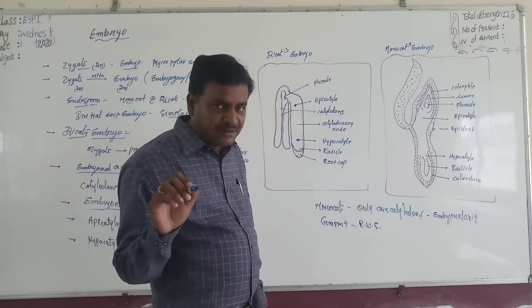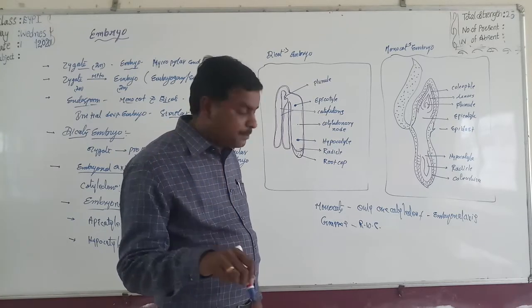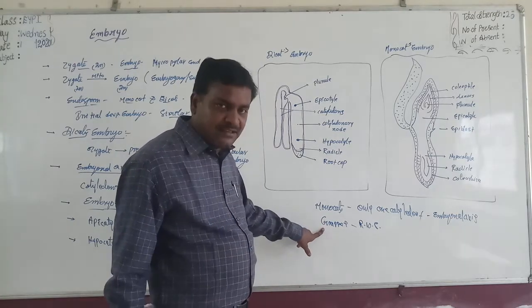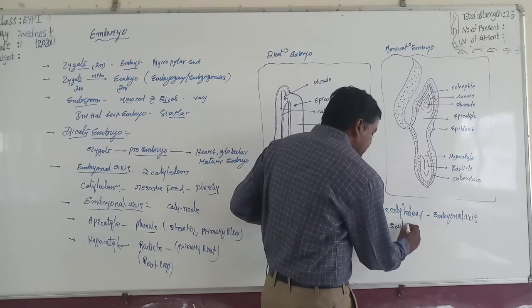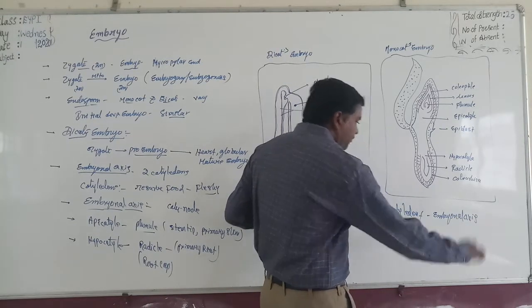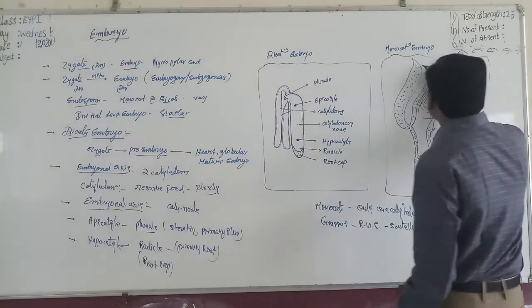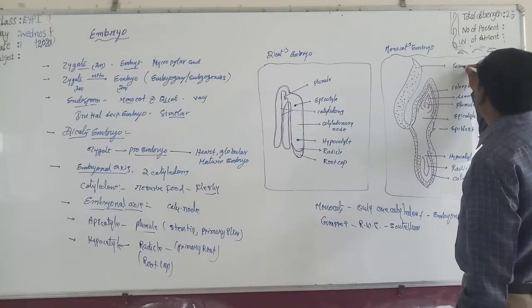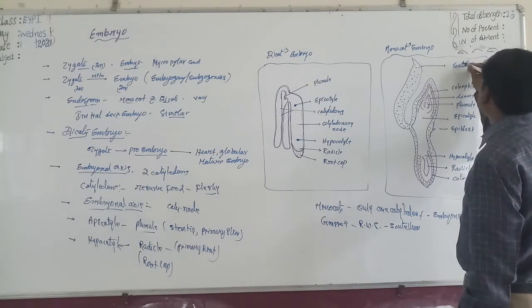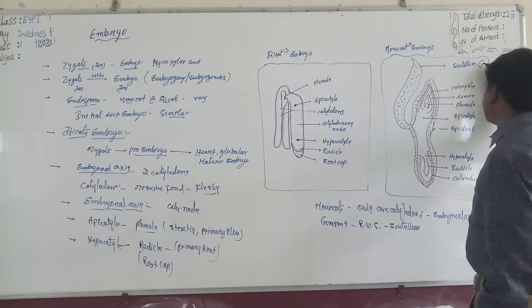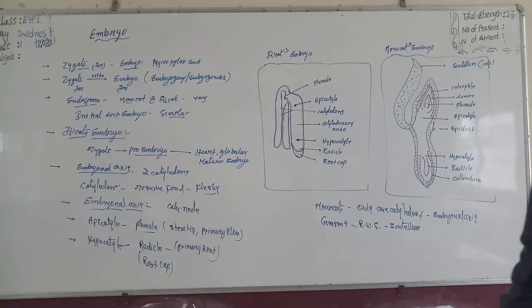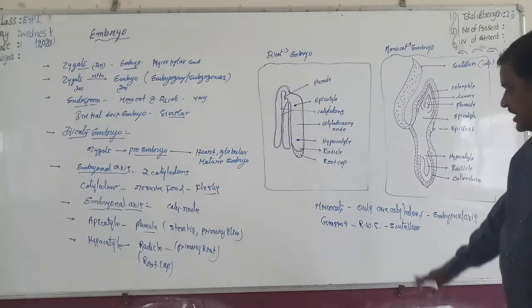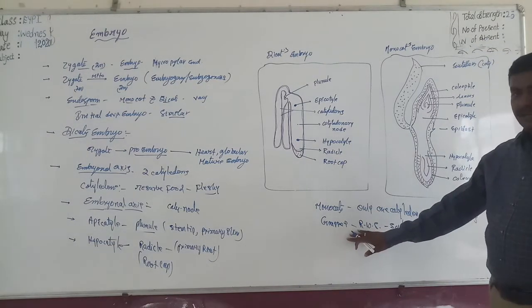This is called the scutellum. Very, very important. The scutellum is nothing but the single shield-shaped cotyledon present in monocotyledonous plants like grasses.